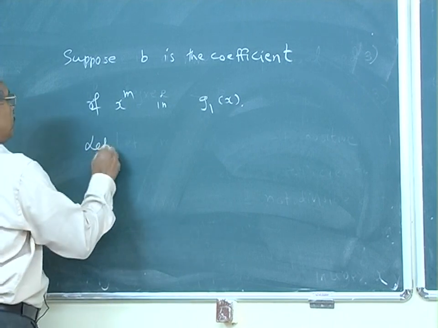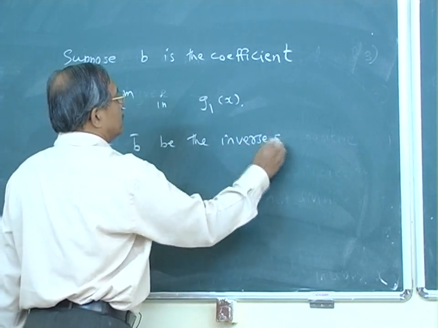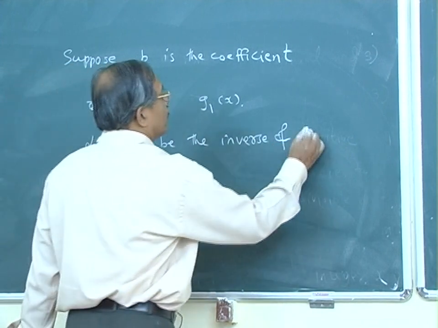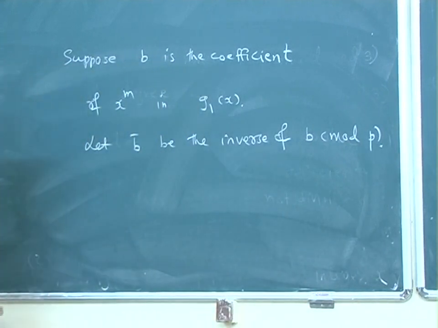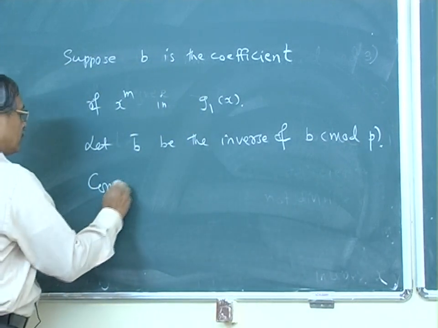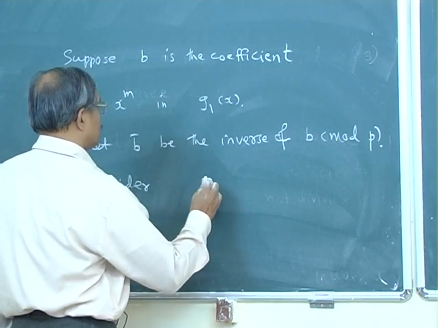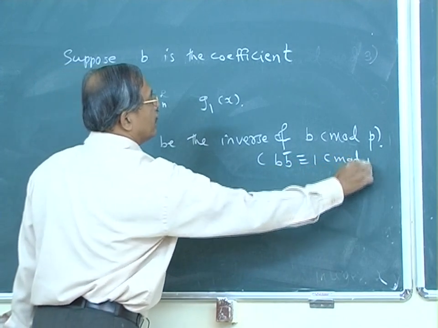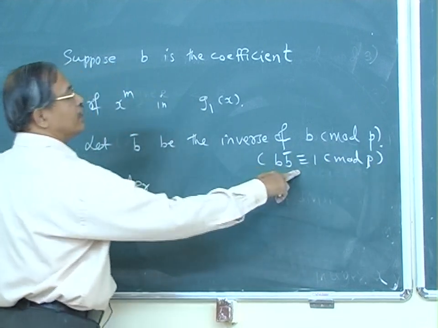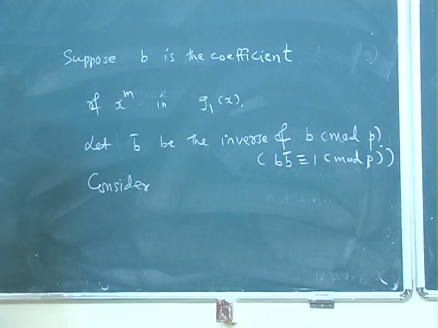So let b bar be the inverse of b mod p. So observe that b b bar is congruent to 1 mod p by the definition of inverse. So b b bar minus 1 is divisible by p.